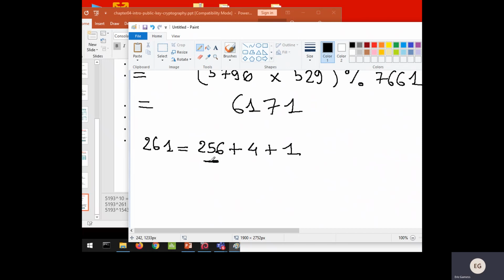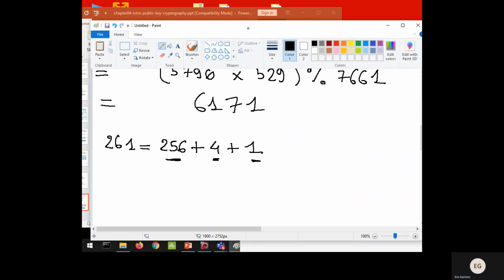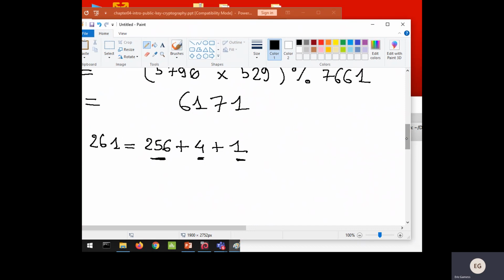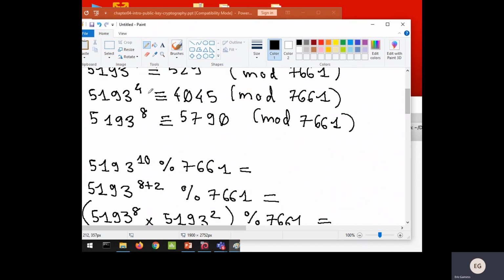So you need the power of 4, we already have it. The power of 1, we already have it. And we have up to the power of 8. So you need to compute a little more: the power of 16, the power of 32, the power of 64, the power of 128, and the power of 256.